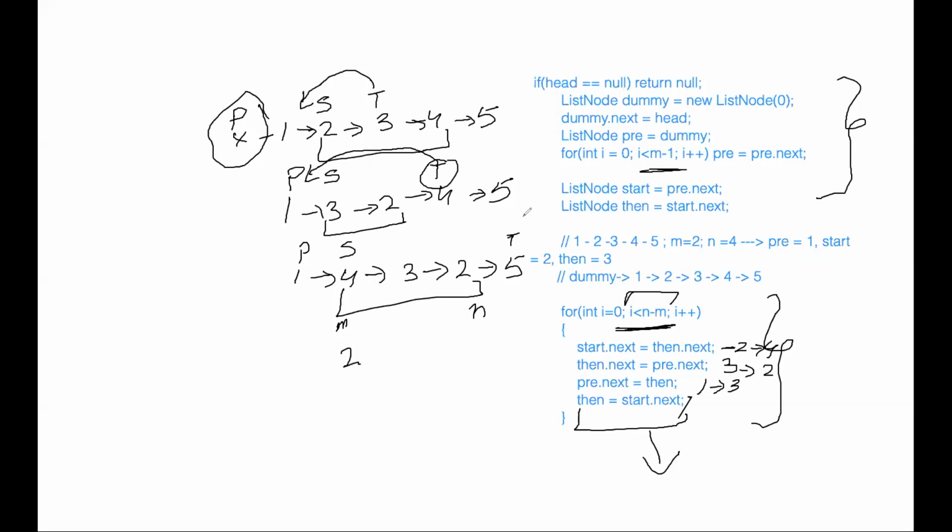So I first look for the pre, and I pass the pointer to the pre to that function, and that function does the reverse and returns the result. That result gets appended to the pre.